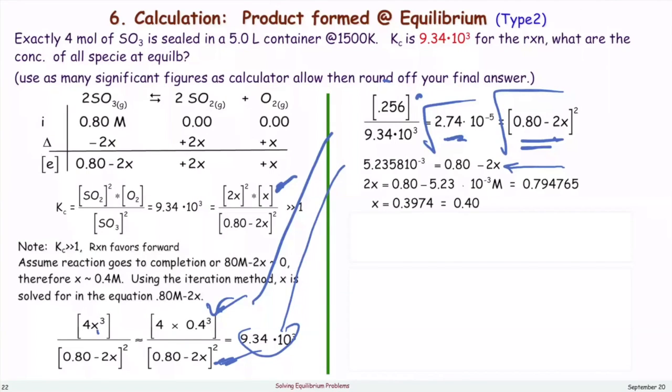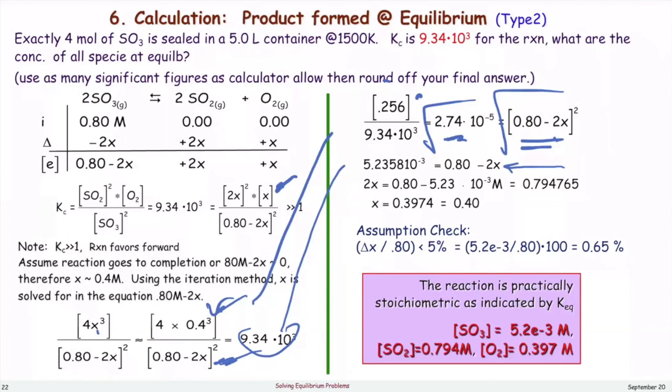Most, but not all. And so that's the assumption you make. We can do a simplifying assumption, and then we have our answer. So this is only in the cases where the equilibrium constant is large. It's practically stoichiometric in terms of the product, but you still need to solve for X. That's the key.